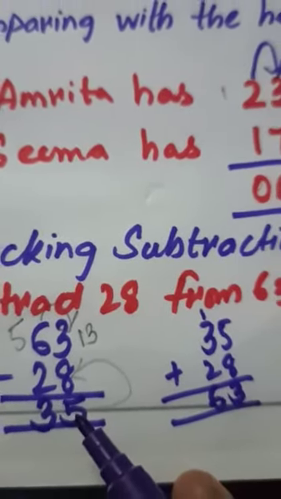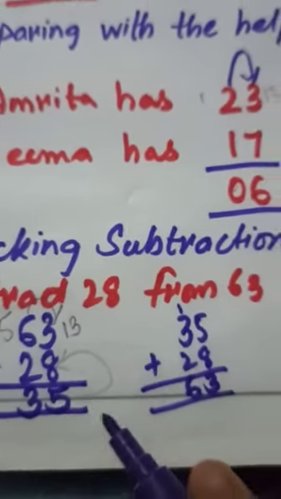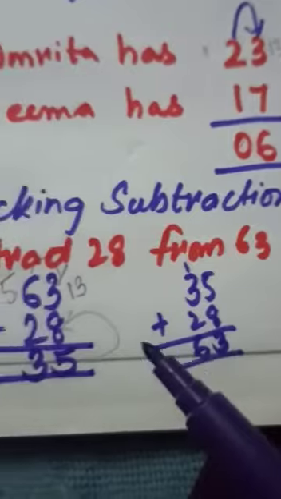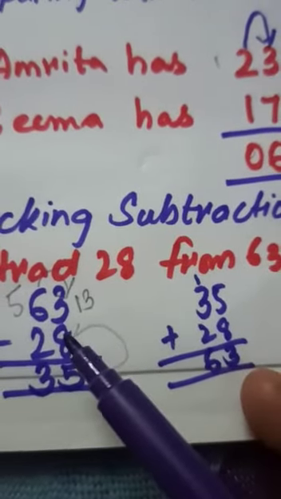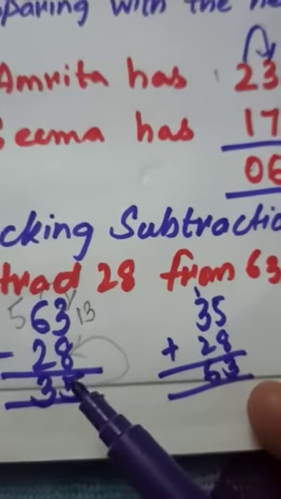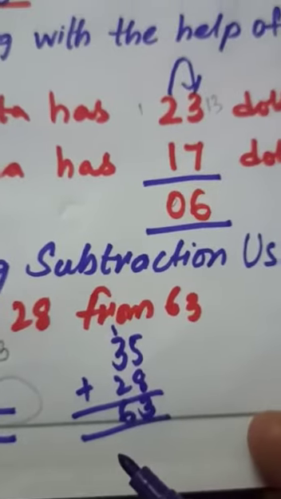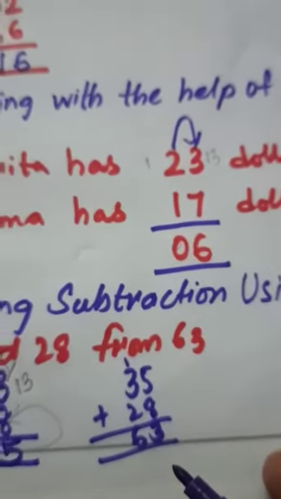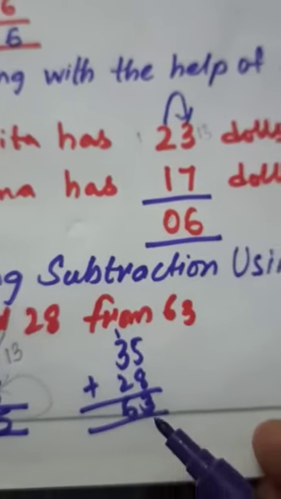Sorry, 35 and 28, if we add 35 and 28 we get 63. Hence this proves that the subtraction was done correctly.